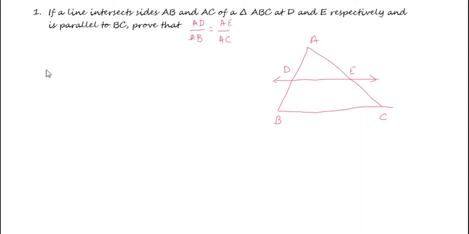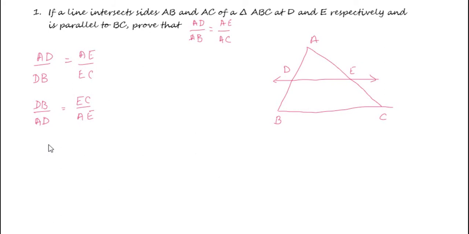From Thales theorem, we know that if BC is parallel to DE, then AD divided by DB is equal to AE divided by EC. Now let us invert this and write DB divided by AD is equal to EC divided by AE.